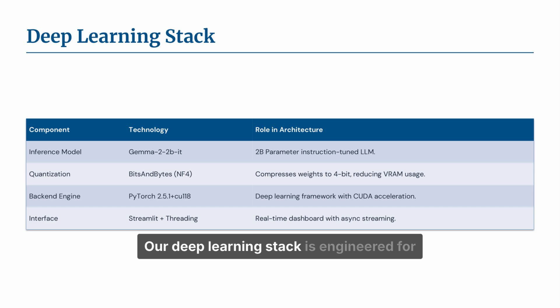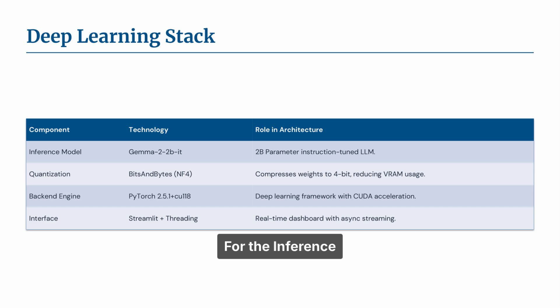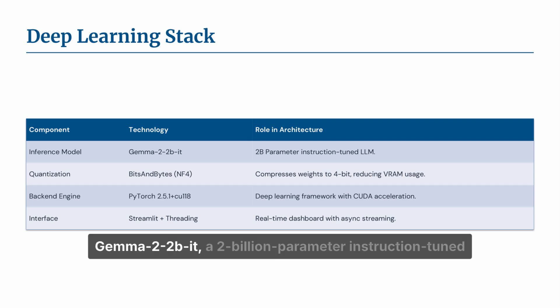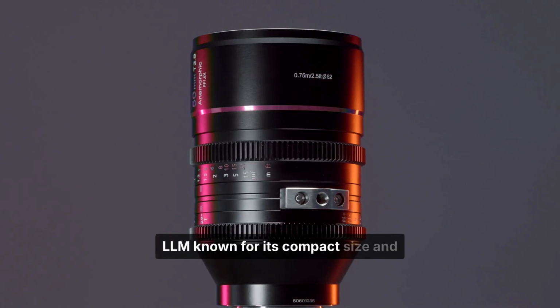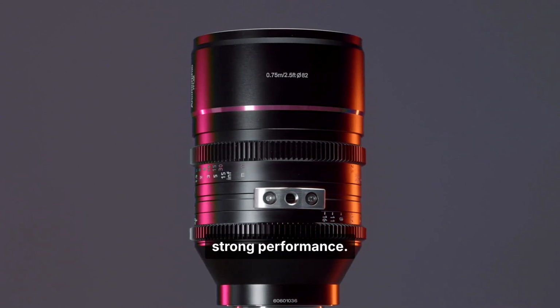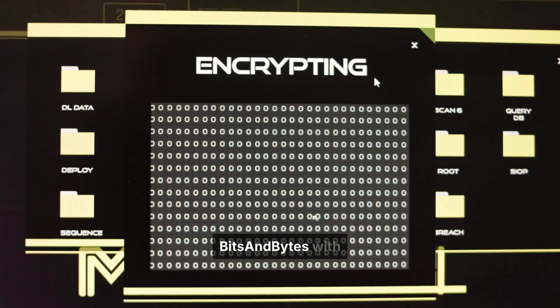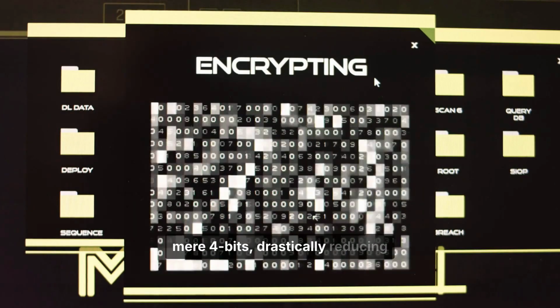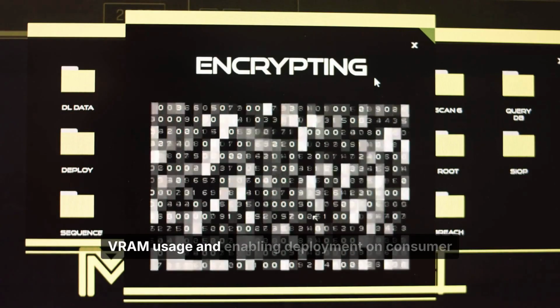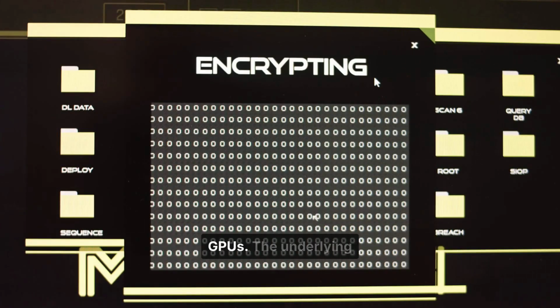Our deep learning stack is engineered for efficiency and performance at the edge. For the inference model, we utilize Gemma 2B-it, a 2 billion parameter instruction tuned LLM known for its compact size and strong performance. Quantization is handled by bitsandbytes with NF4, which compresses model weights to a mere 4 bits, drastically reducing RAM usage and enabling deployment on consumer GPUs.